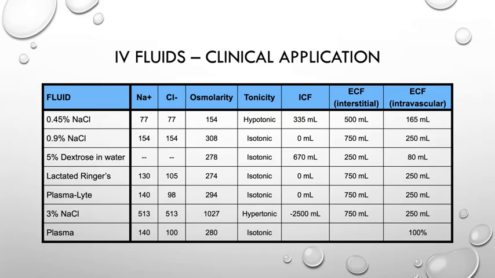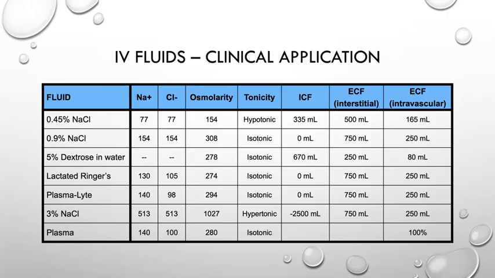The next three fluids are isotonic, meaning that their solute concentrations are the same or similar to plasma. Notice that the osmolalities may be slightly out of range of plasma, but they're close enough so that the body views them as isotonic.